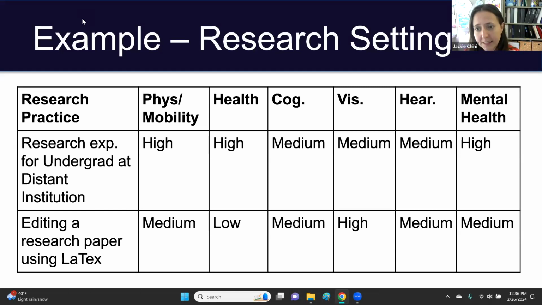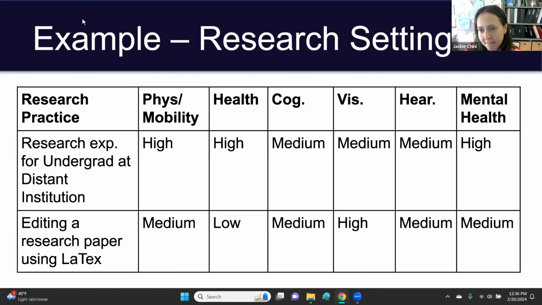We also consider this to load high on a health dimension because it assumes that students are not going to need access to medical equipment that would be difficult for them to transport. And for a similar reason, we consider requiring students to travel for research experiences can also load high on the mental health dimension because it assumes that students can safely leave their typical community supports or recreate those supports in a different setting.